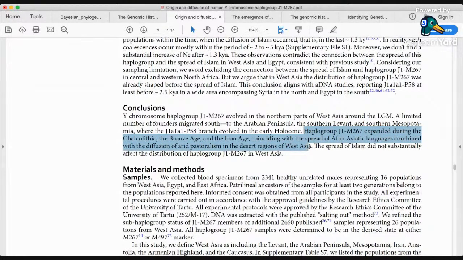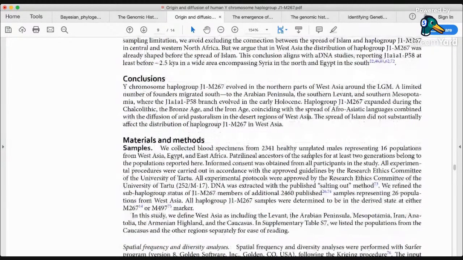This is their conclusion. Haplogroup J1-M267 expanded during the Chalcolithic, the Bronze Age, and the Iron Age, coinciding with the spread of Afro-Asiatic languages combined with the diffusion of arid pastoralism in the desert regions of West Asia.